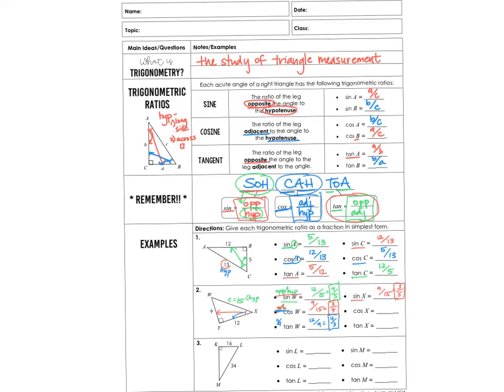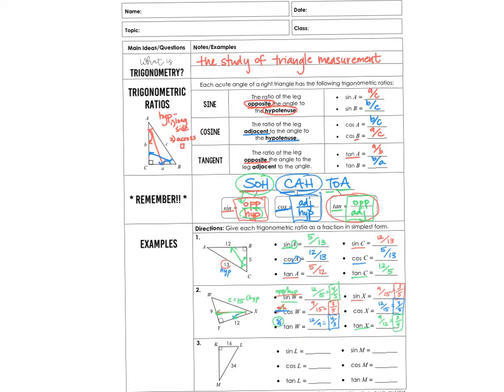So the adjacent side is 12, and the hypotenuse, again, is 15. The 3 will go into both of those 4 and 5 times. And then the tangent of X is opposite over adjacent. So opposite is 9, and adjacent is 12. And that will simplify by 3. So if you divide them both by 3, you get 3/4.